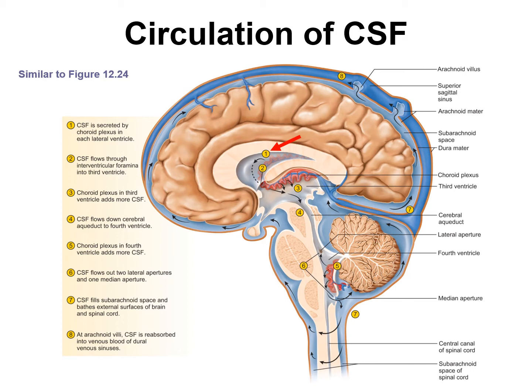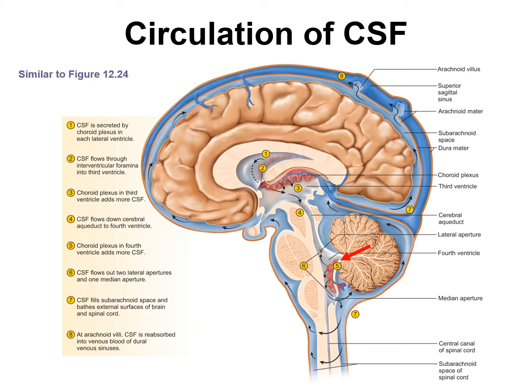It circulates from the lateral ventricles into the third ventricle through the interventricular foramina. The cerebral spinal fluid, now in the third ventricle, is joined by additional cerebral spinal fluid produced by the choroid plexus there. Cerebral spinal fluid is then circulated through the cerebral aqueduct into the fourth ventricle.